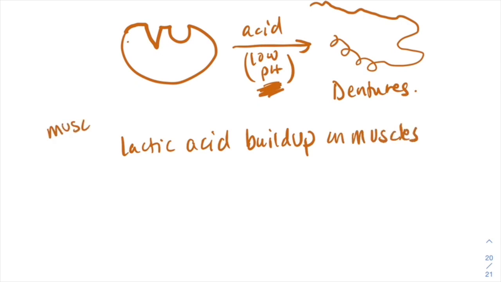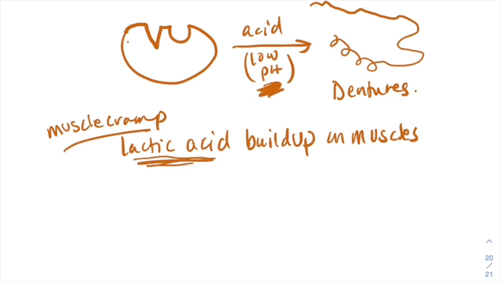That's a muscle cramp. And if you've ever had a muscle cramp, they hurt a lot. Let's say you have a muscle cramp in your hamstring, it makes your hamstring hard as a rock. You cannot run very far with a muscle cramp, and that's because a whole lot of lactic acid builds up.